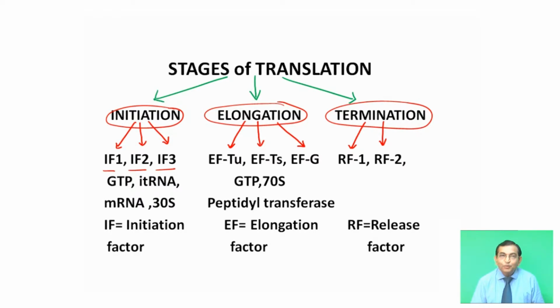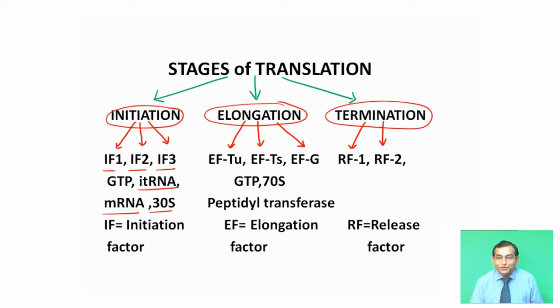Additionally, one molecule of guanosine triphosphate is present, plus initiator tRNA, then messenger RNA, and the 30S subunit of the ribosome.